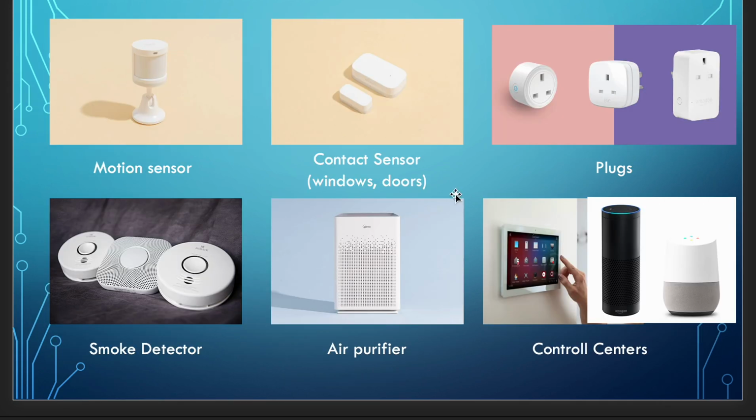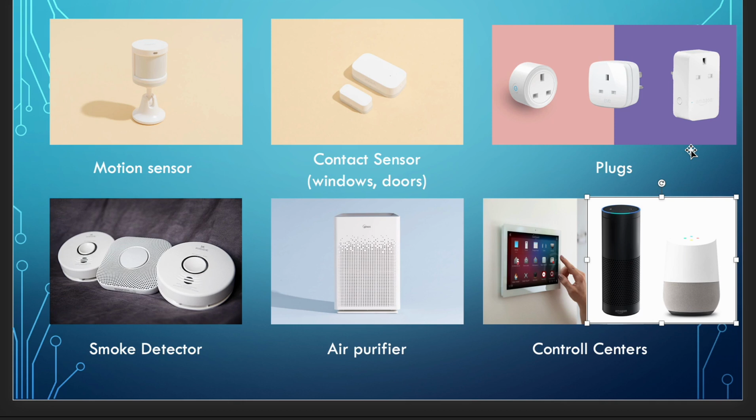Then there is of course control centers. When coming into control centers, smart home control centers like Alexa can not only use voice or sound to communicate with humans, right? They have mics as sensors, and their output is given through speakers.